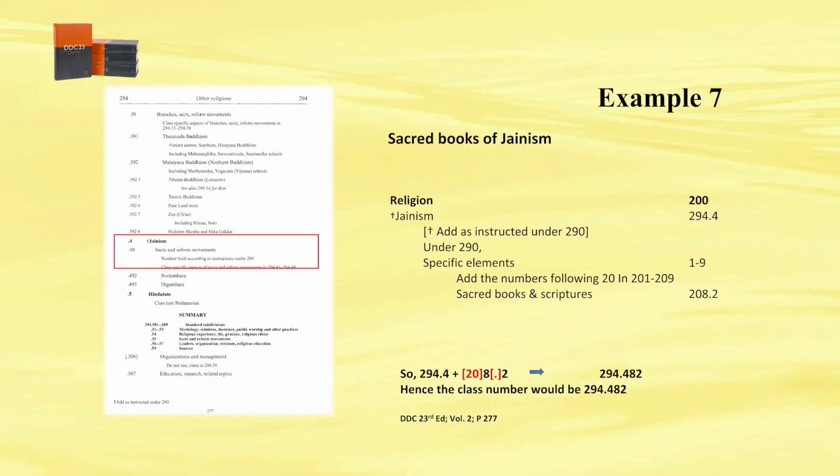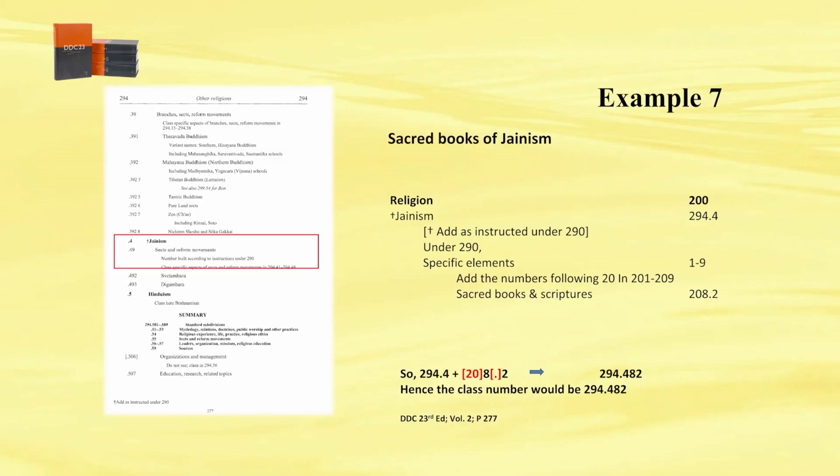There in 208.2 we have found sacred books and scriptures. Remember, this 208.2, the number for sacred books and scriptures, is irrespective of any religion. When we add this number with Jainism, then it will be the number for sacred books and scriptures of Jainism.